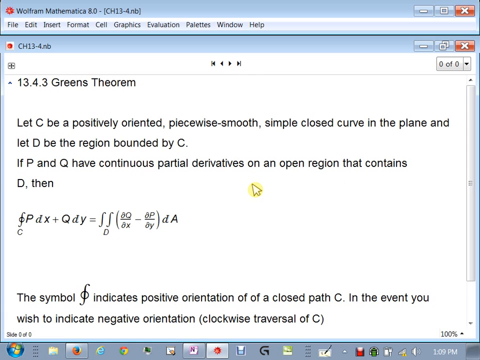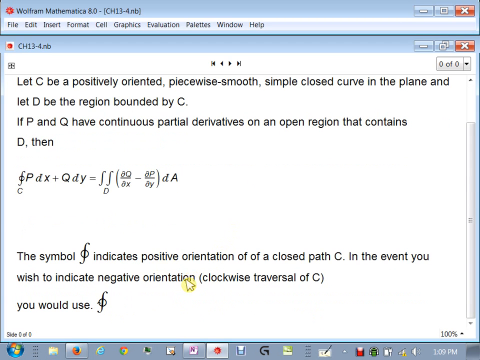So here's the theorem. Let C be a positively oriented, piecewise smooth, simple closed curve in the plane, and let D be the region bounded by that closed curve. If P and Q have continuous partial derivatives on an open region that contains D, then here's the result. The line integral, now notice this little circle here.